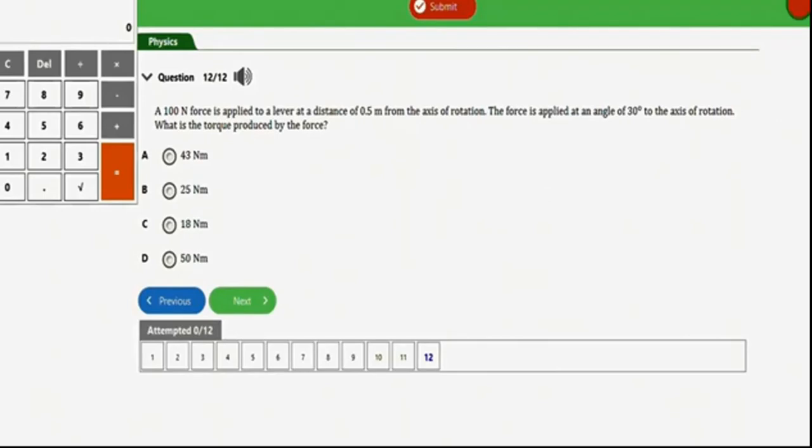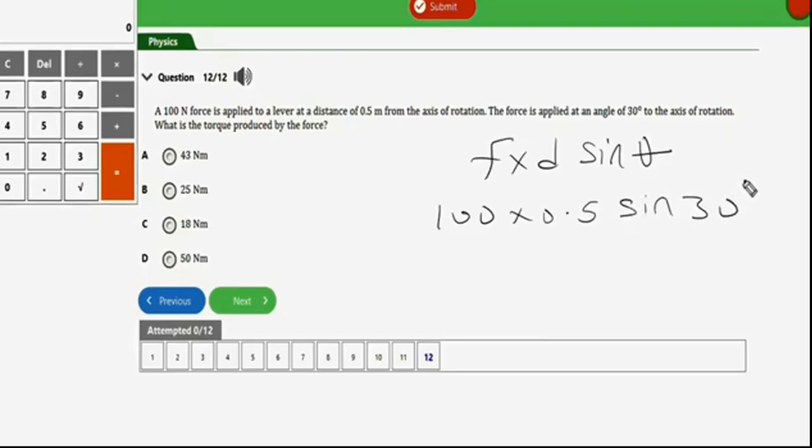So the torque produced by the force, this is the formula we apply: force times distance times sine theta. The force here is 100 times 0.5 sine 30 degrees. If you punch this on the scientific calculator, you are going to have an output of 25 Newton meter. So that would be the correct option.